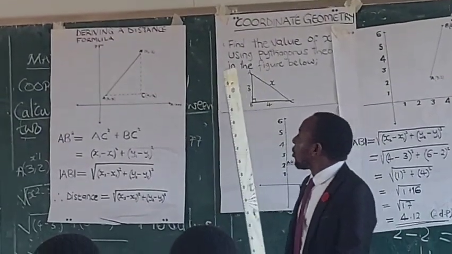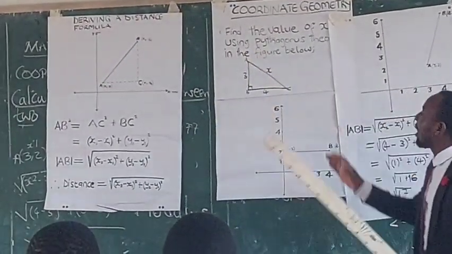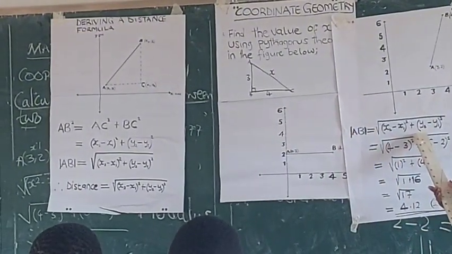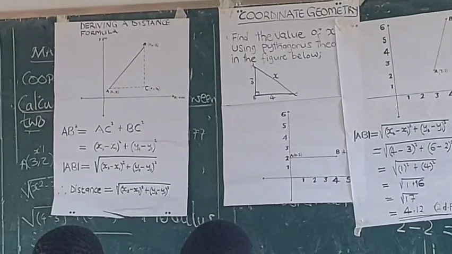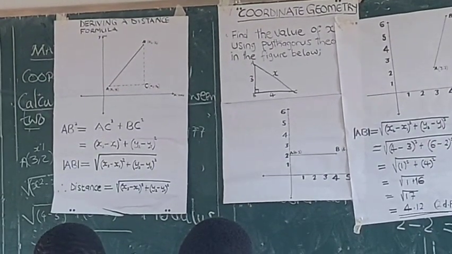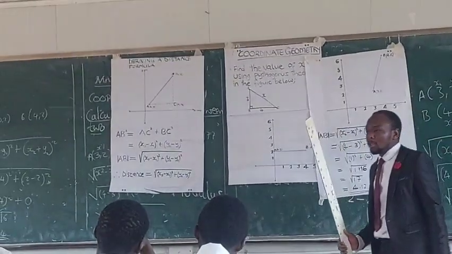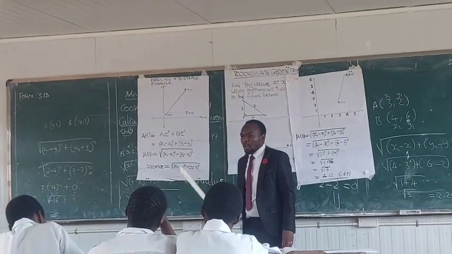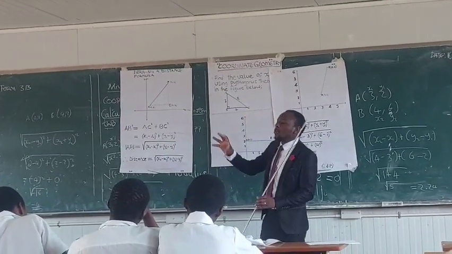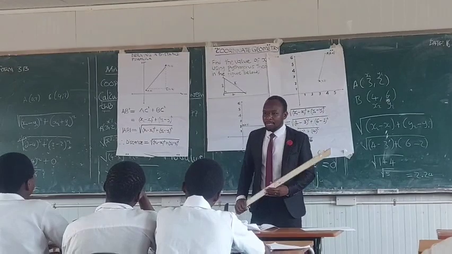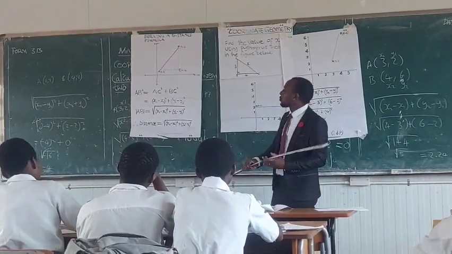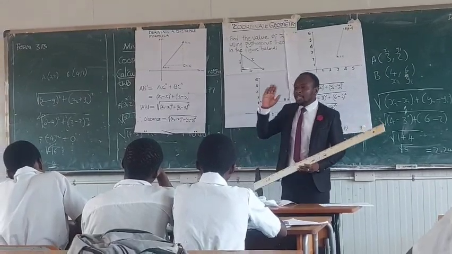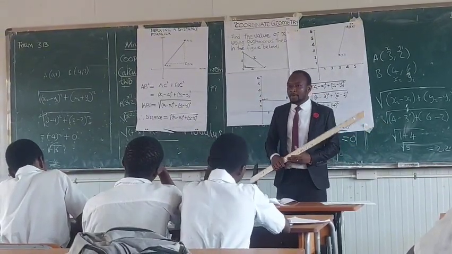Now, to come up with this formula, we are going to use what we call Pythagoras theorem. But Pythagoras theorem works only when we have a right angled triangle. Are we together? Yes. At our level, that is what we know: the right angled triangle is where Pythagoras theorem works.